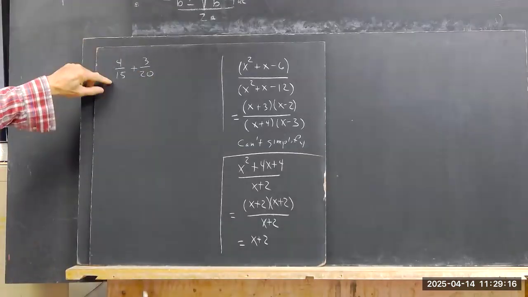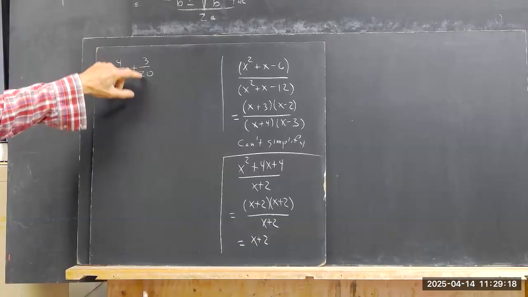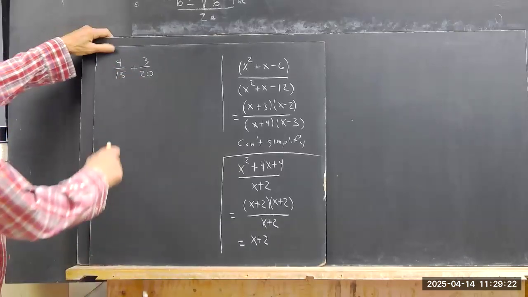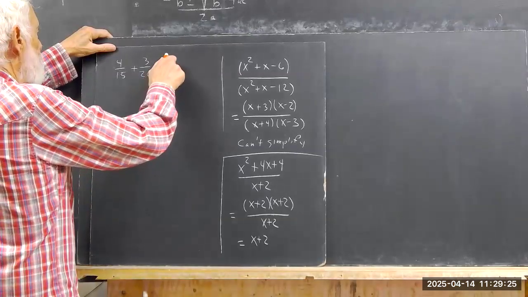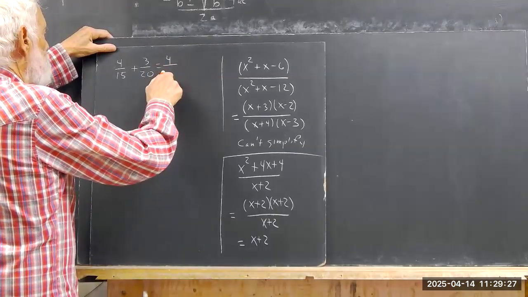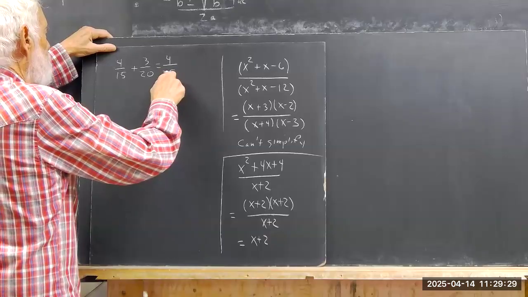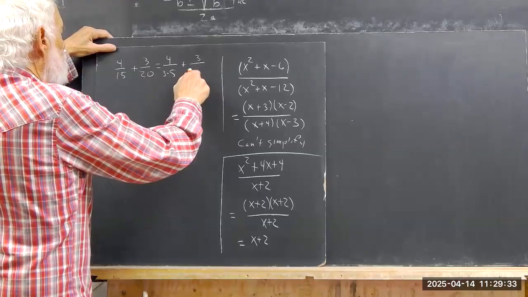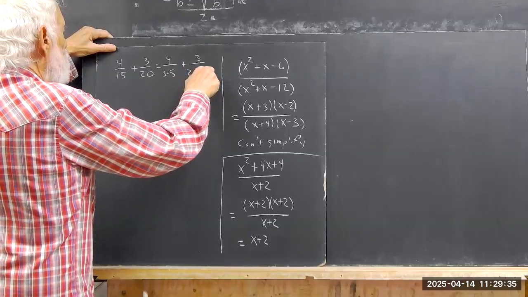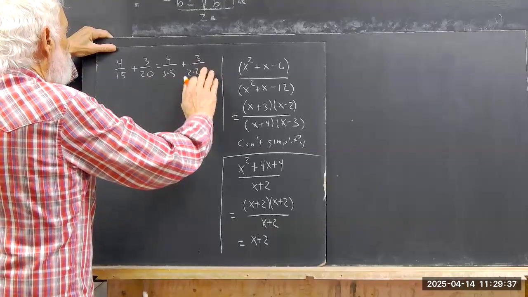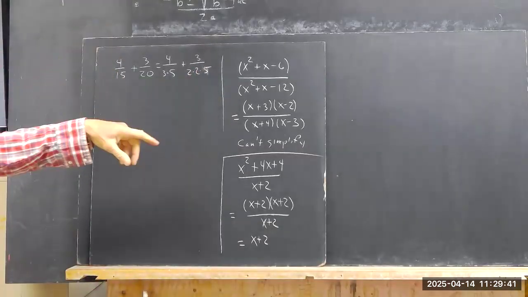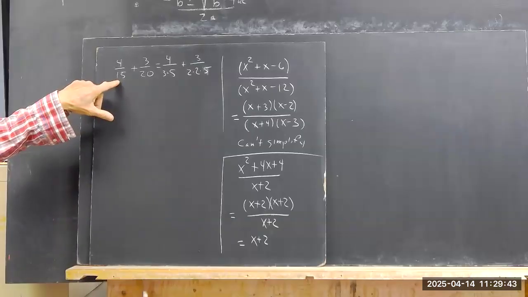Okay, 4/15 plus 3 divided by 20. The denominators factor. 15 is 3 times 5. 20 is 2 times 2 times 5. Okay, now I've factored the denominators.